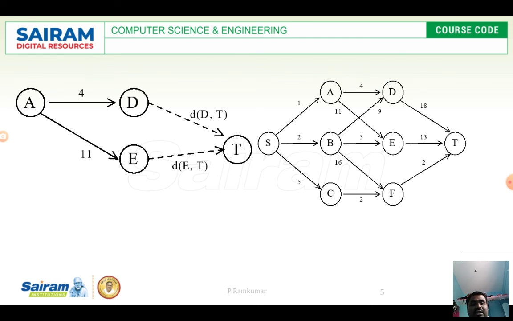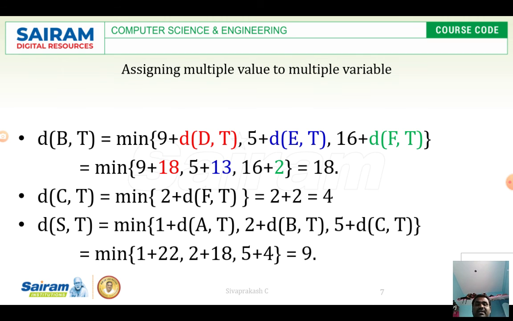Next, when I consider the source vertex S, from S there are three outgoing edges. One is towards A, another towards B, another towards C. Now, distance of S comma T will be the minimum of 1 plus distance of A comma T, comma 2 plus distance of B comma T, comma 5 plus distance of C comma T. That will be the result.